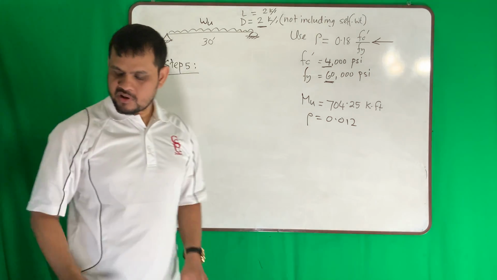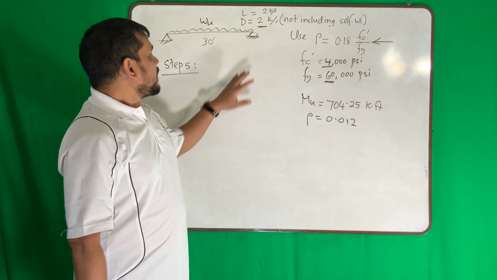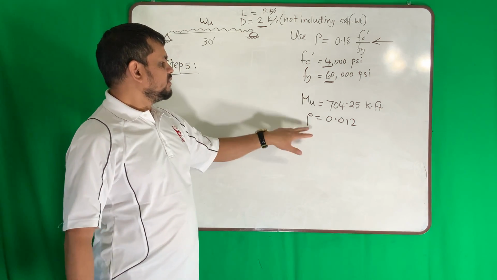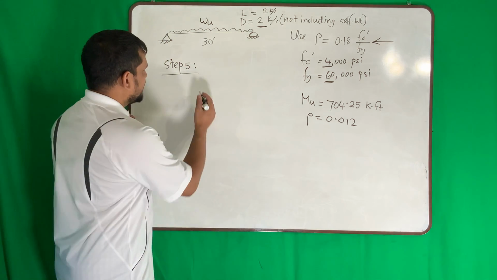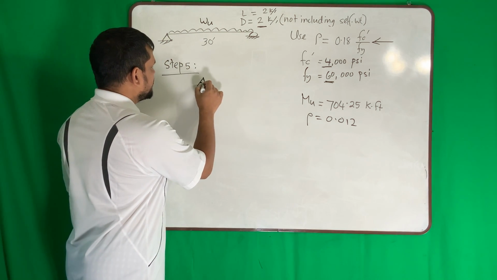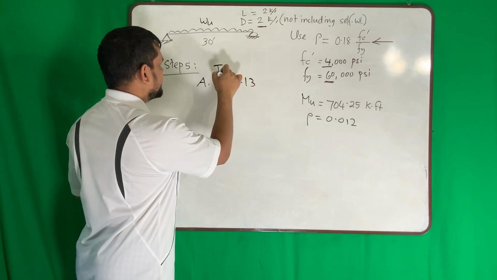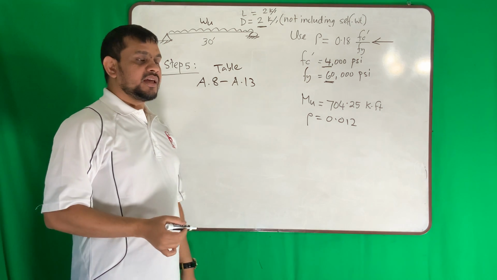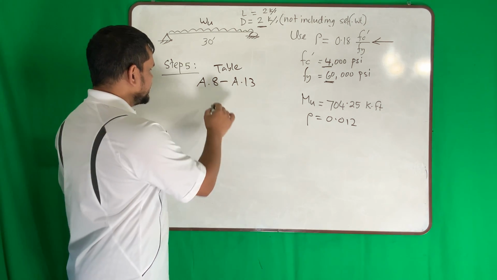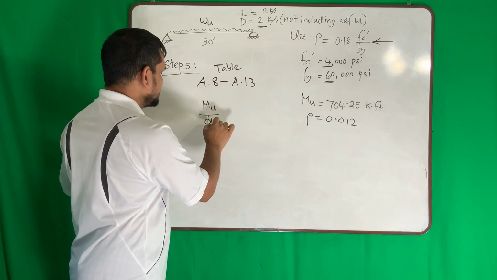In this step, you have to decide which way to go. When you know your moment and you know your rho, your life is very simple. How? In your book, appendix tables A8 to A13 give values of Mu over phi b d squared.